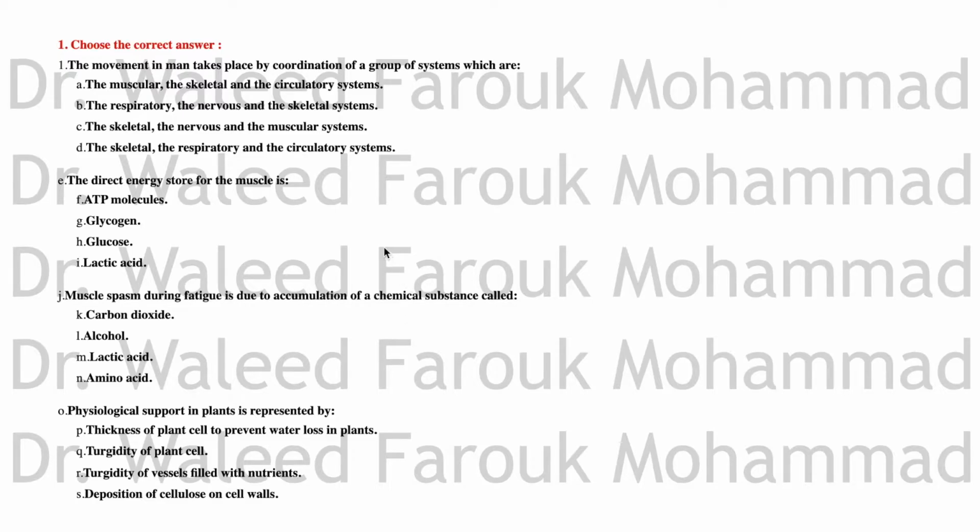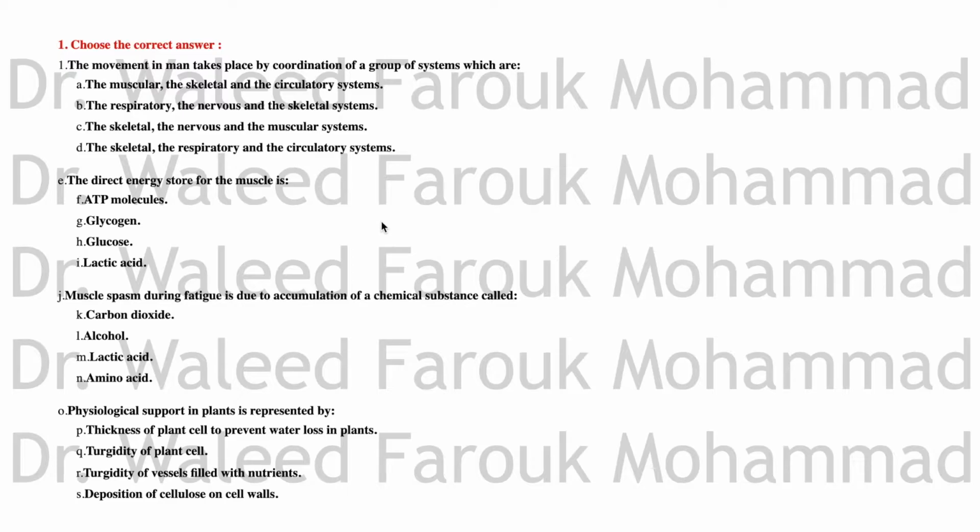The first question was, the movement in man takes place by coordination of a group of systems, which are, now we discussed this before, and we learned that movement depends on three systems. The muscle itself that's responsible for the movement, and the bone that is attached to it to exert its action upon, and the nerve that sends the commands to the muscle to contract and relax.